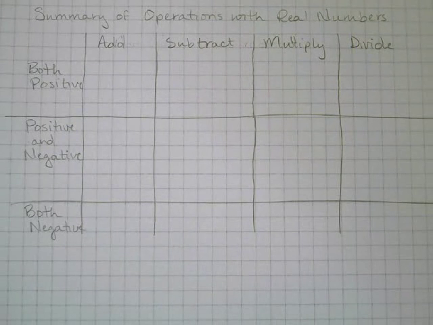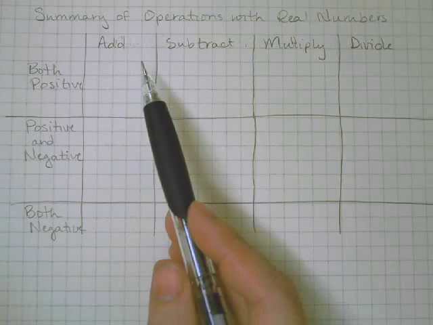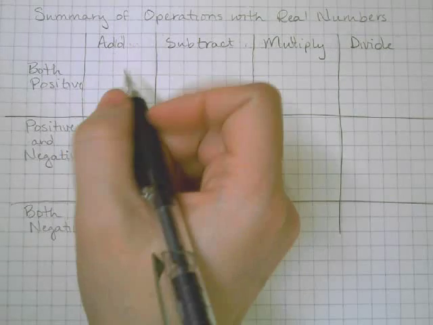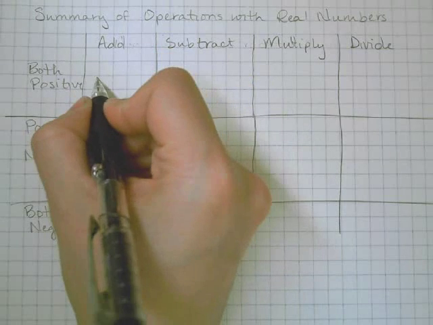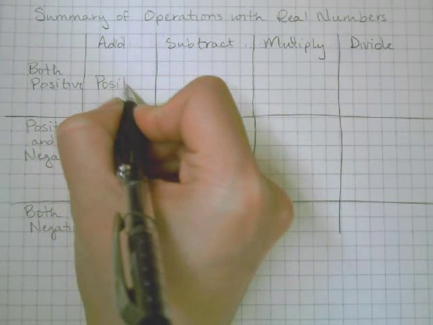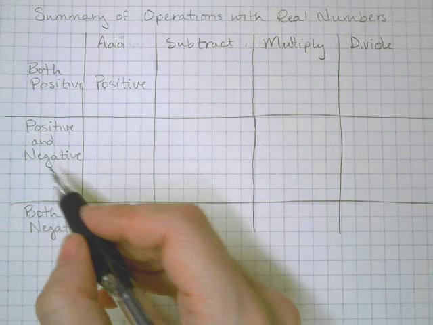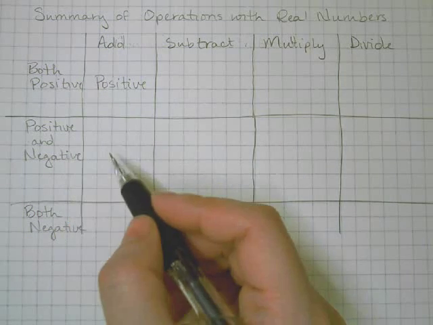If you are adding, we'll go down that column first, and we have both positive numbers, our answer is going to be positive. If I'm adding and I have a positive and a negative number, then it depends on which is bigger.